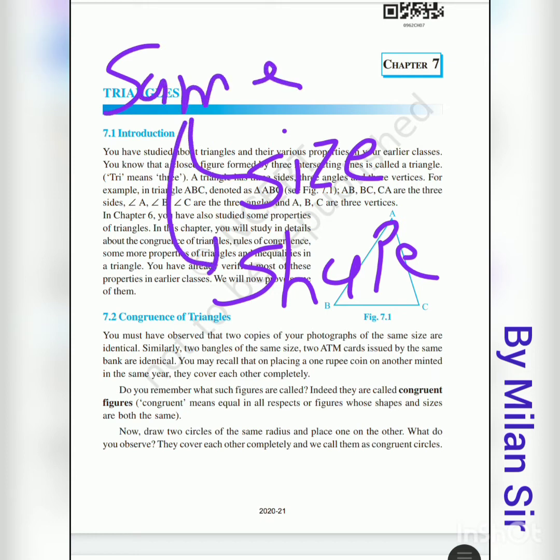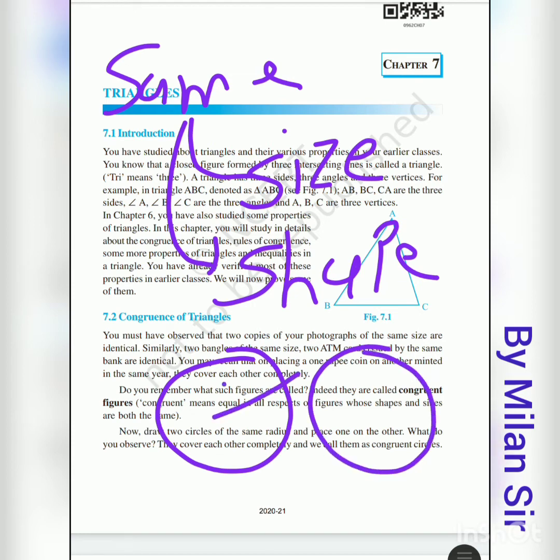If two figures have the same shape and same size, meaning all the dimensions are the same. If we think about circles, then two circles that have the same radius are called congruent circles.